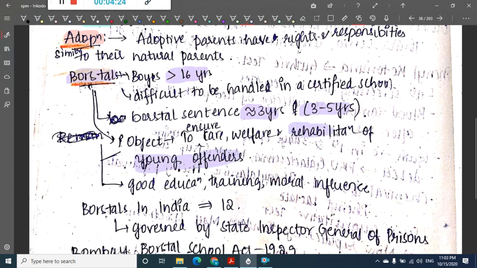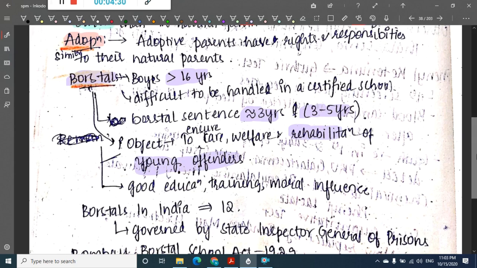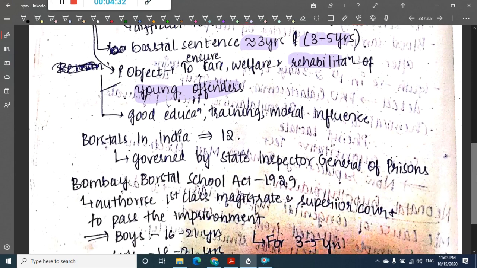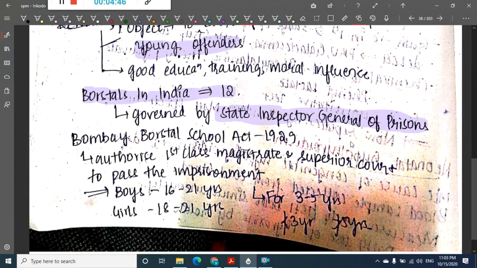Good education, training and moral influence are given in borstals. There are 12 borstals in India, governed by the State Inspector General of Prisons.